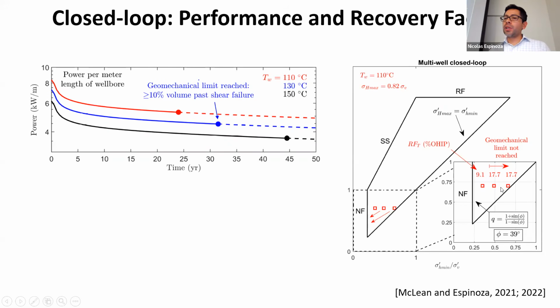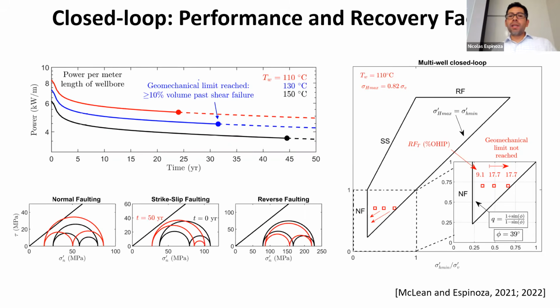We calculate that these recovery factors are in the order of 10 to 20% of all the available heat that you can get from a reservoir, multiplying the volume of the reservoir times the heat capacity times the change of temperature between the initial temperature and the working fluid temperature. And if you were to be in a strike slip or reverse faulting, that changes.